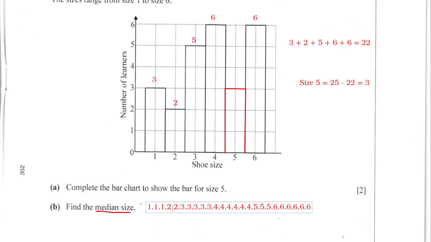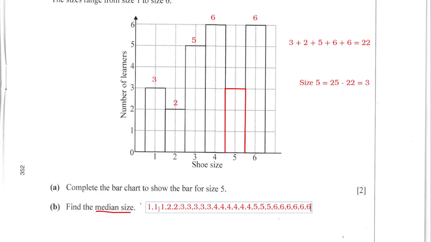Counting 1, 2, 3, 4, 5, 6, 7, 8, 9, 10, 11, 12, 13, 14, 15, 16, 17, 18, 19, 20, 21, 22, 23, 24, 25.